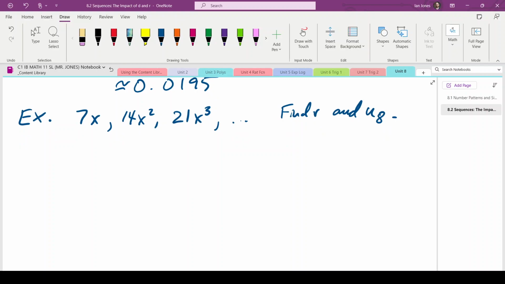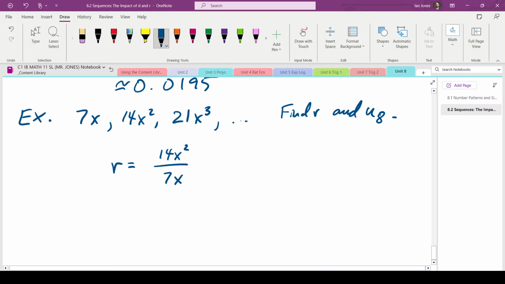They're just variables inside our equation. So r is 14x squared over 7x. Okay, and I encourage you never to be intimidated by your x's if you can help it. So we've got the second one divided by the first one. That simplifies to 2x.